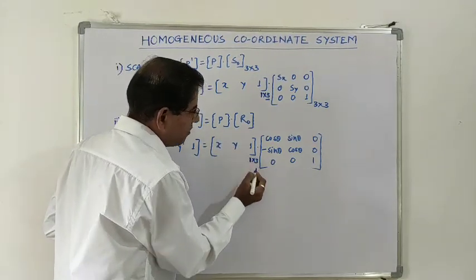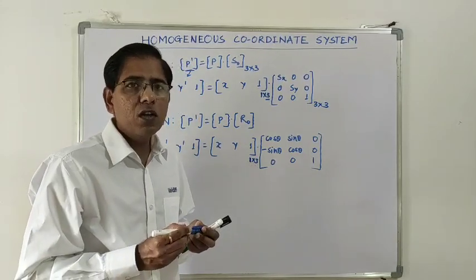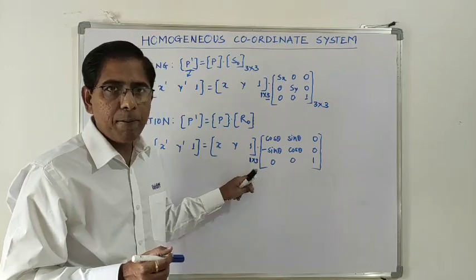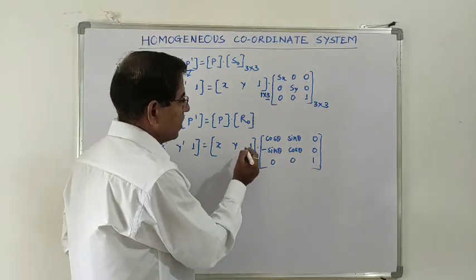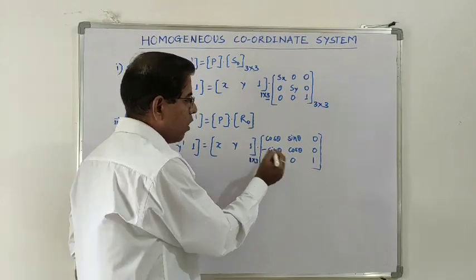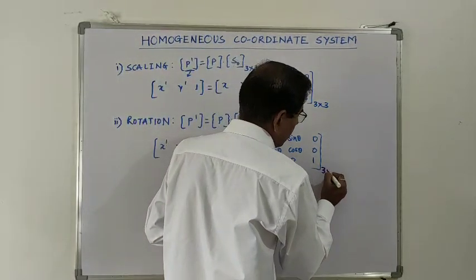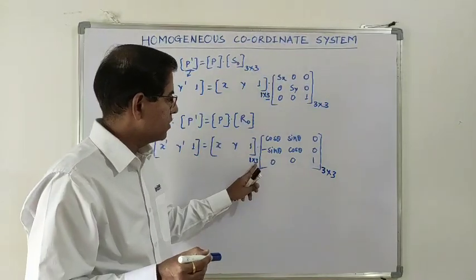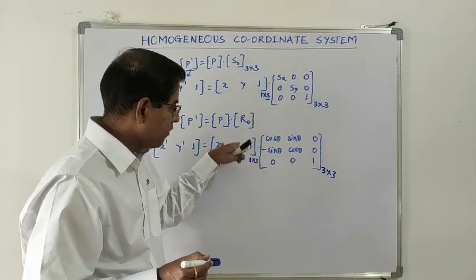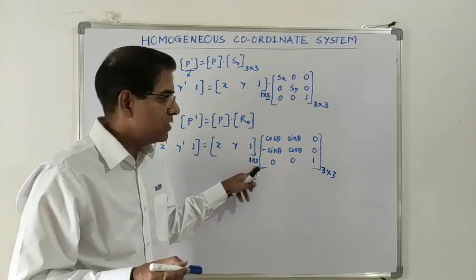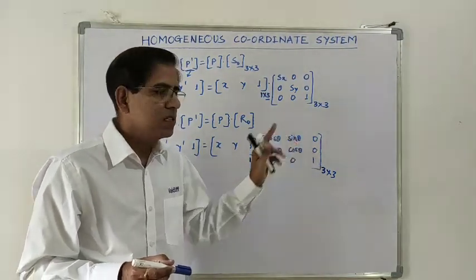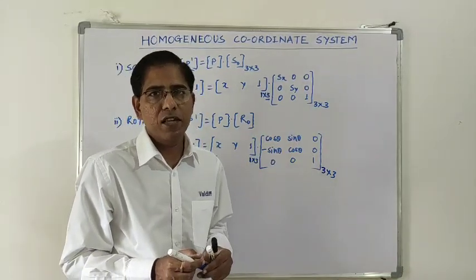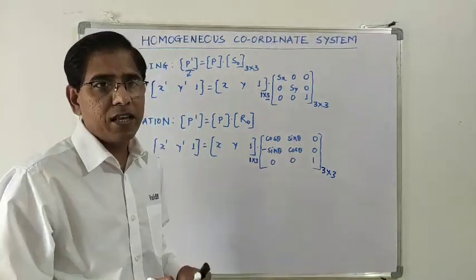Only the first number will change according to the number of vertices in that geometry, but this 3 will remain the same, and that is why it has no effect on the multiplication. In all cases, multiplication is possible because the number of columns will remain the same, that is 3, and this is the rotation matrix. This is constant. The size of the matrix will remain the same. Okay.